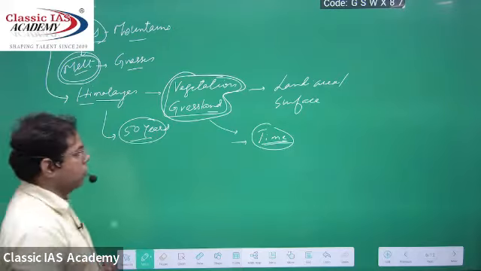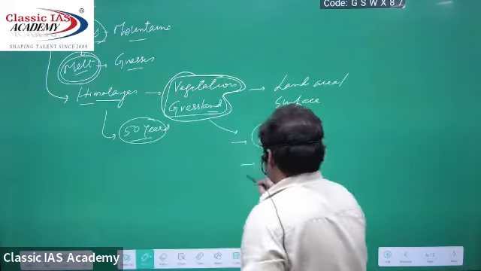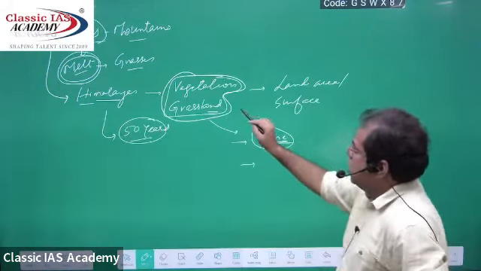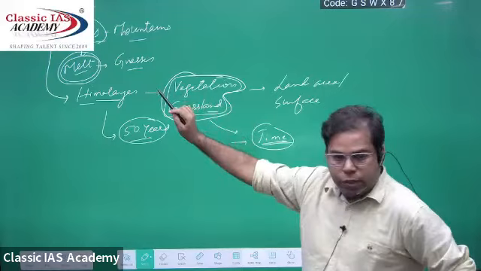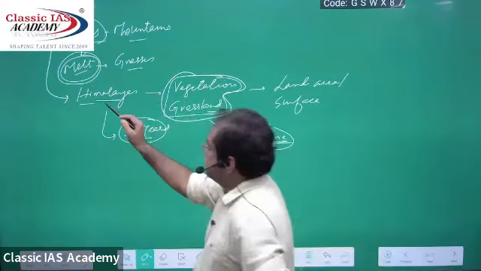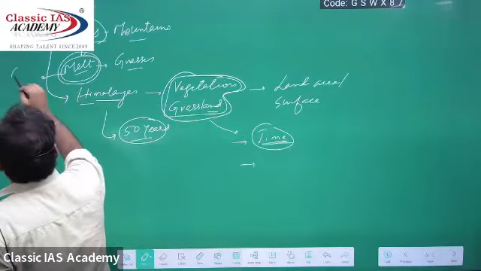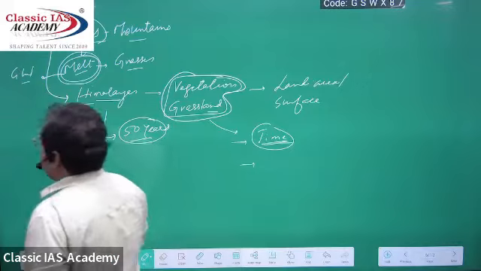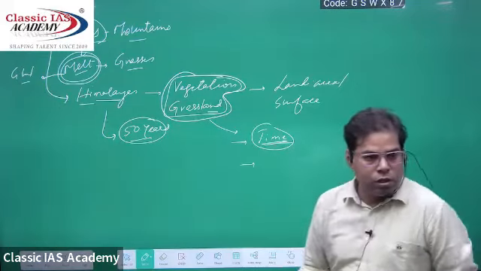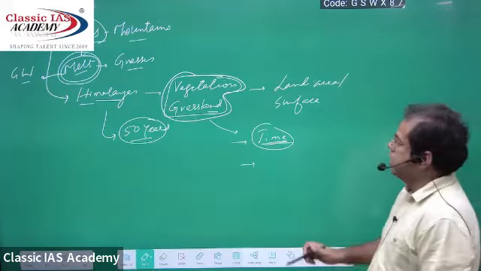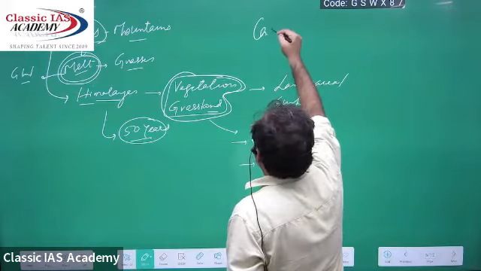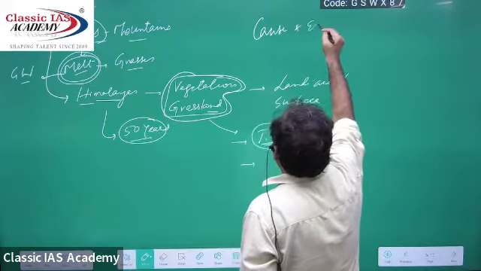Then there is also the question: what are the causes for the melting of glaciers? We call this global warming. Global warming has been responsible for the melting of glaciers. So it is again coming to the cause and effect relationship.